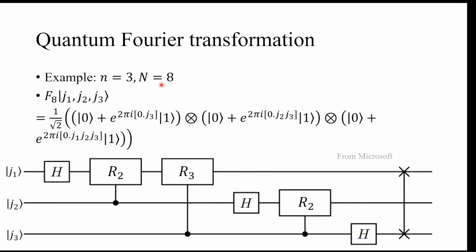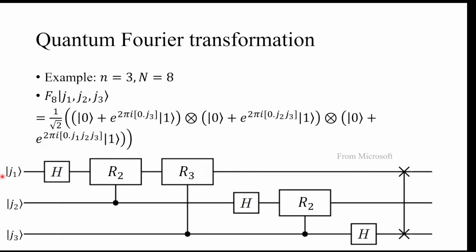Okay, and we want to do Fourier transform on J1, J2, J3, and the result should be 0 plus 0.J3 on 1, and then 0 plus 1 with the vector 0.J2J3, and then 0 plus 1 with the vector 0.J1J2J3, and the circuit will look like this. Okay, and so you will try to do this 0 plus 0.J1J2J3 one first.